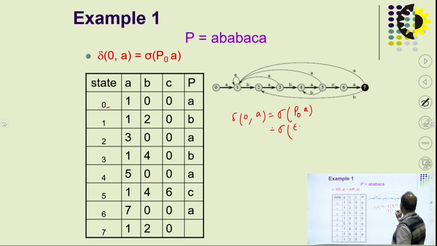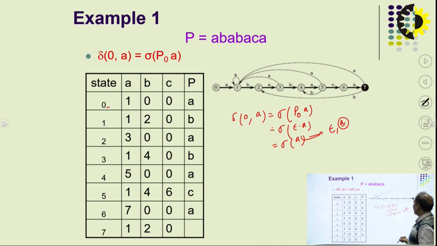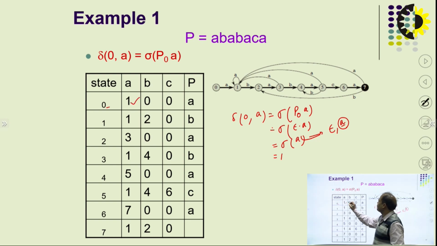So this is epsilon into a, so sigma of a: the length of the longest suffix of this which is also a prefix of the pattern. It has two suffixes, epsilon and a. Epsilon of course always matches a prefix of the pattern, but a also matches a prefix of the pattern. Its length is 1. So delta of 0 comma a is 1.